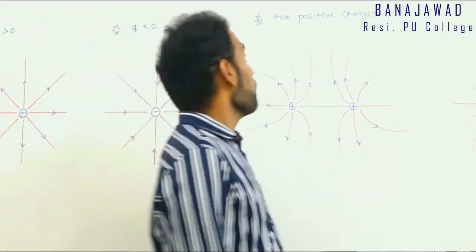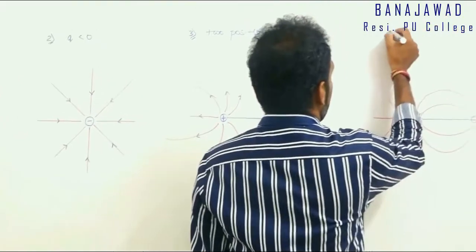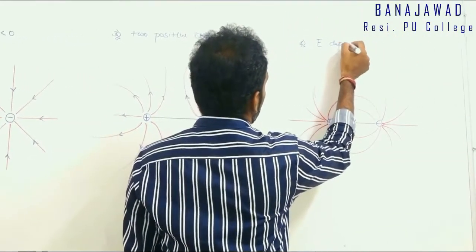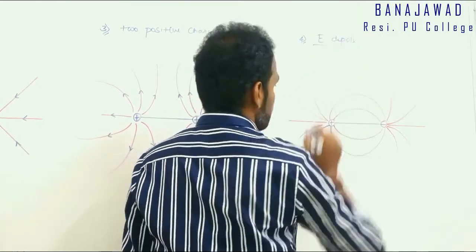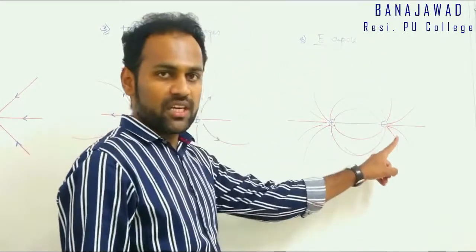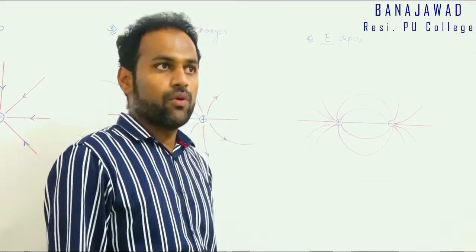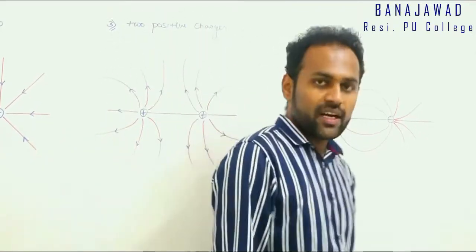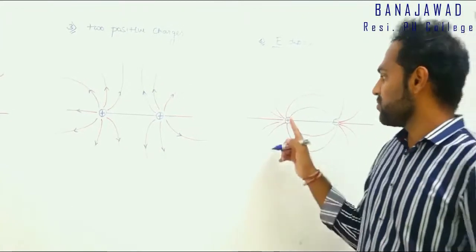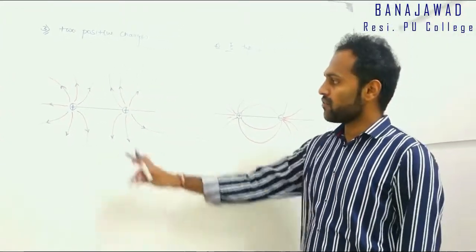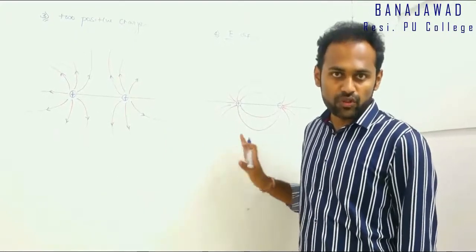Similarly, an electric dipole is the arrangement of two equal and opposite charges. Here we are taking one positive and another negative. So for an electric dipole, there are two unlike charges. Unlike charges means what type of force will be in between them? There will be a force of attraction. Here it was the force of repulsion, here it will be force of attraction.